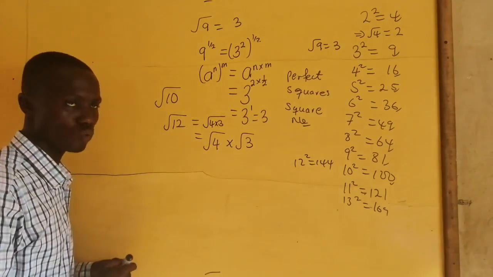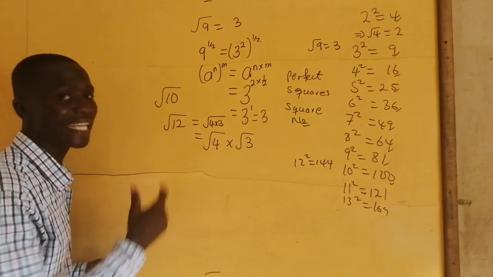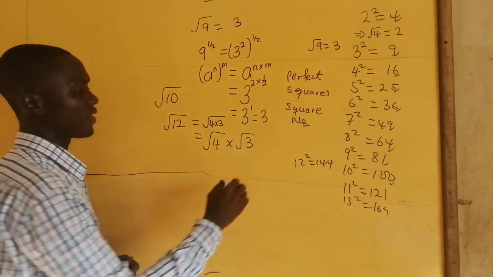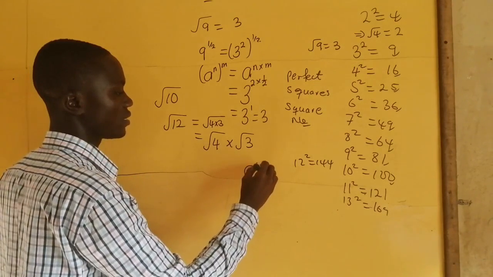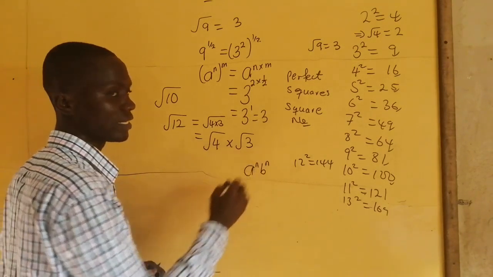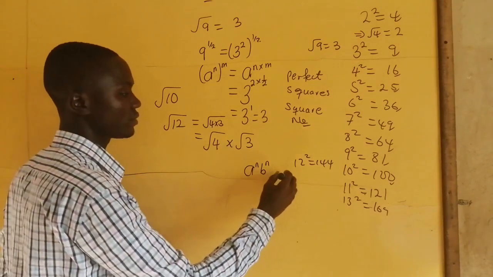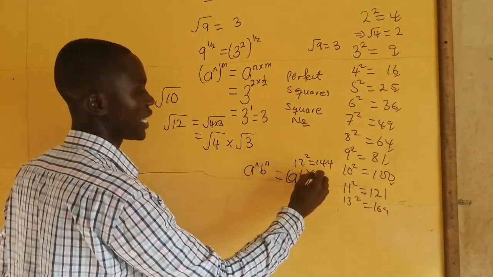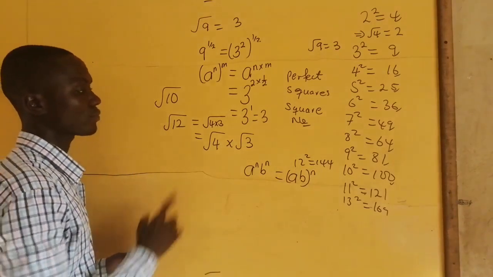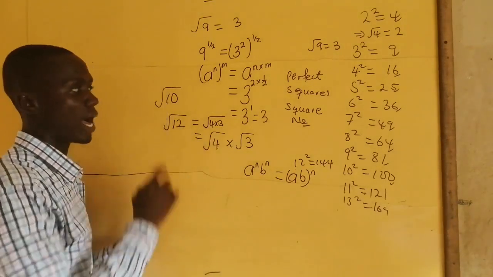Why is this so? Here too, we use the idea of indices. If I have a to the power n, b to the power n, this simply means a times b all to the power n. Let's look at it here. Square root means power half.